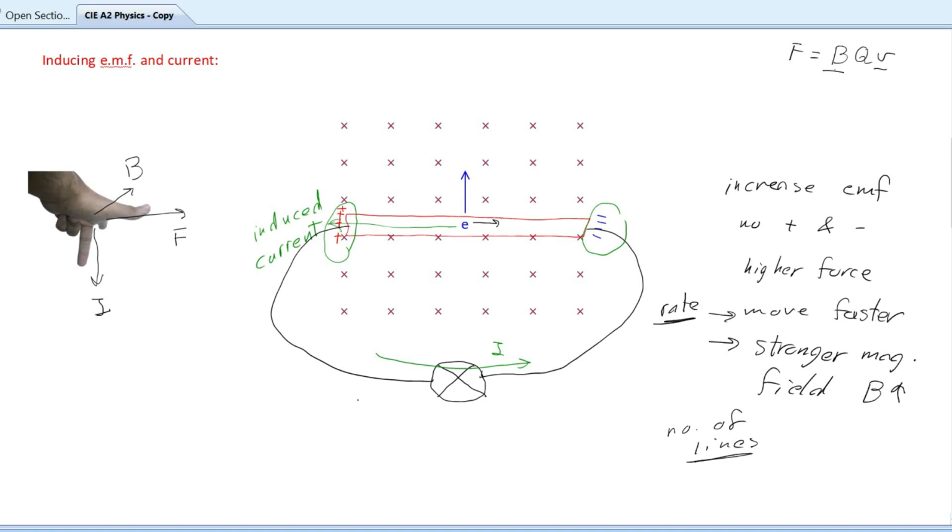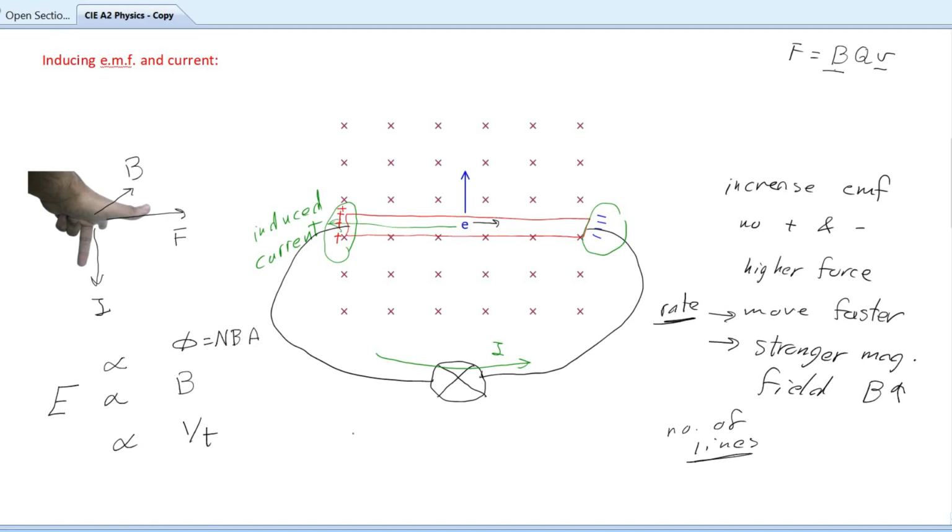So basically, the EMF should be proportional to the number of lines being cut, which is the flux density, or inversely proportional to the time during which you cut them. Also, it should be proportional to the flux linkage, which is proportional to the number of turns if you have a coil, or the flux density, or the area.